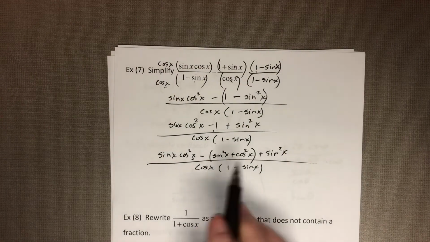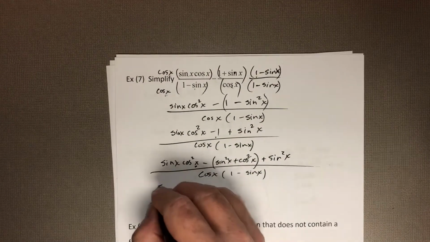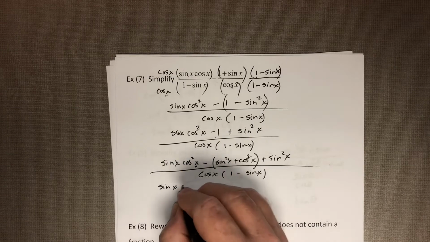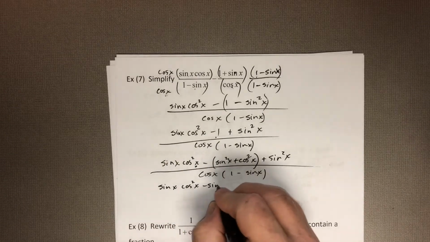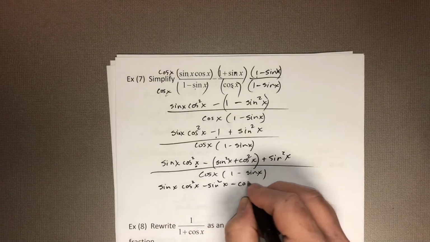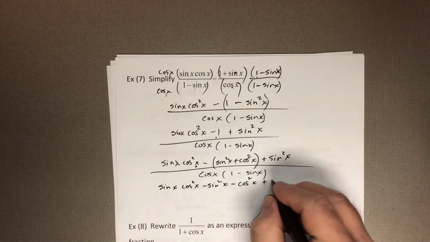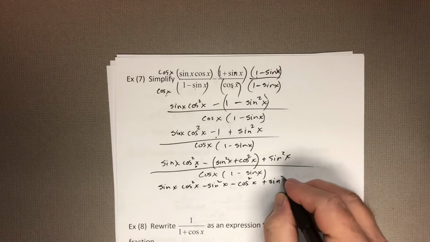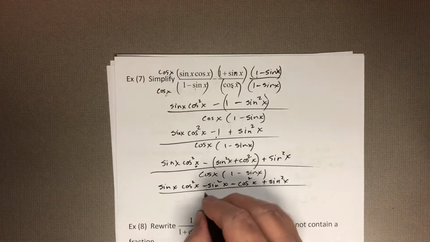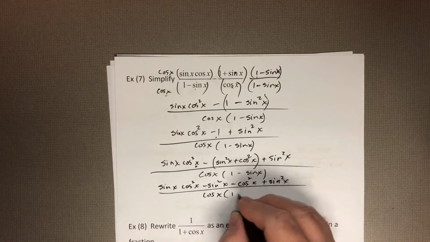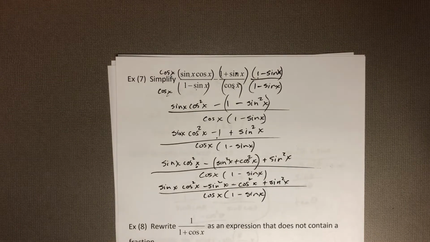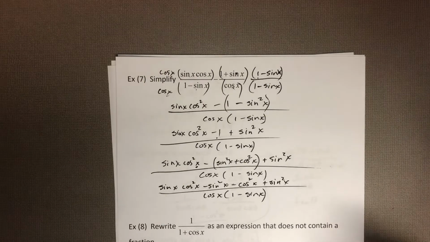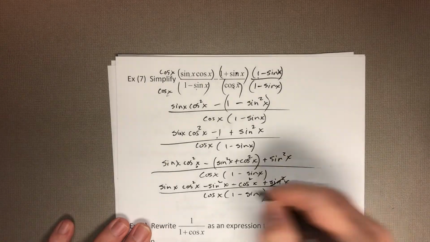When I do, I'm going to get the sine of x times the cosine squared of x minus the sine squared of x minus the cosine squared of x plus the sine squared of x, all divided by the cosine of x times 1 minus the sine of x. All right. Now, up top, these are going to cancel.